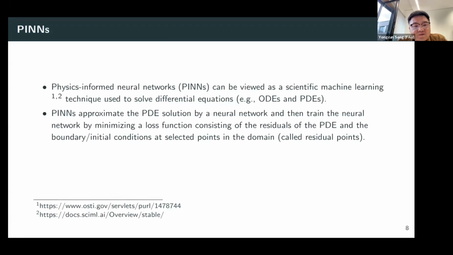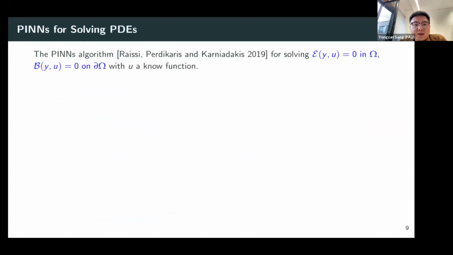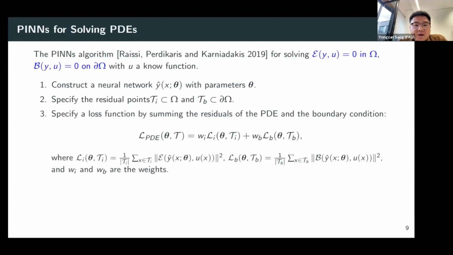The main idea of PINNs is to approximate the PDE solution by a neural network, and then train the neural network by minimizing a loss function consisting of the residuals of the PDE and the boundary or initial conditions at selected points in the domain. Given an input point, PINNs can produce an approximate solution of the PDE at that point after training. Okay, these are the main ideas of PINNs for solving PDEs.